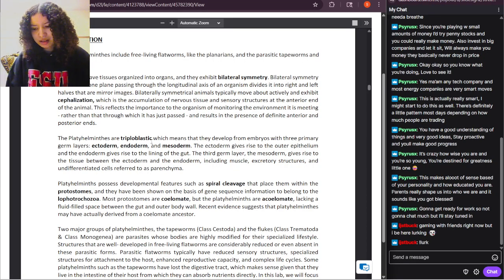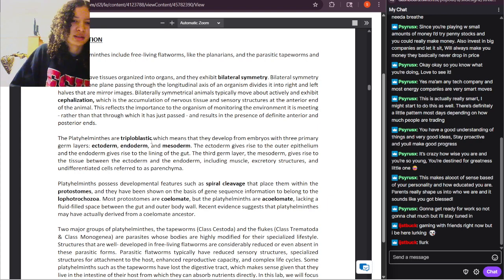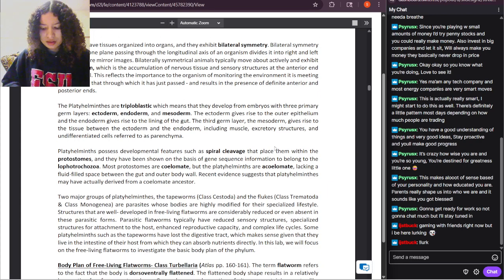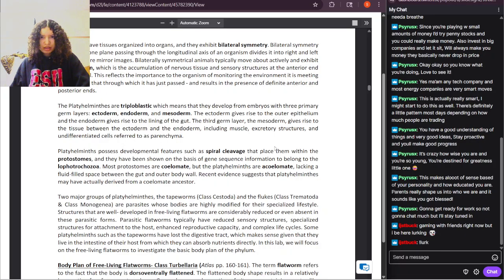Platyhelminthes are triploblastic, so they have 3 layers: the endoderm, ectoderm, and mesoderm. Let's see what each layer turns into. The ectoderm turns into the epithelium. The endoderm is the lining of the gut.